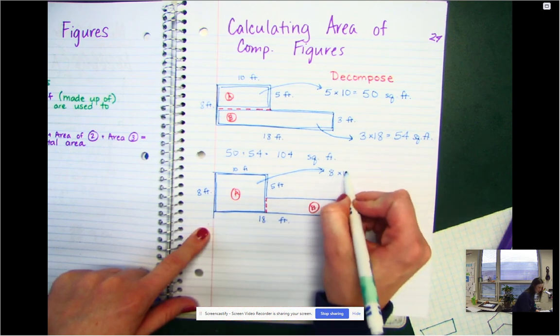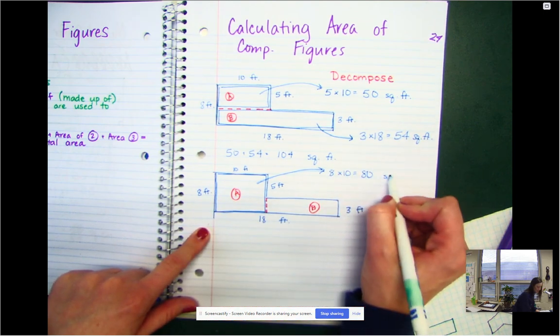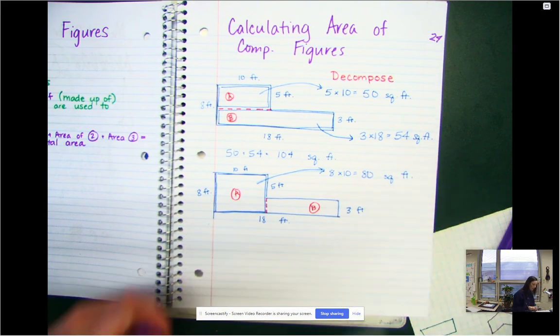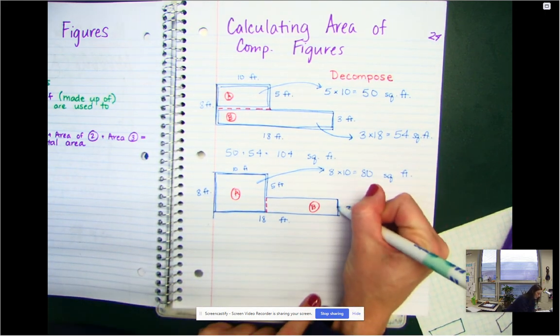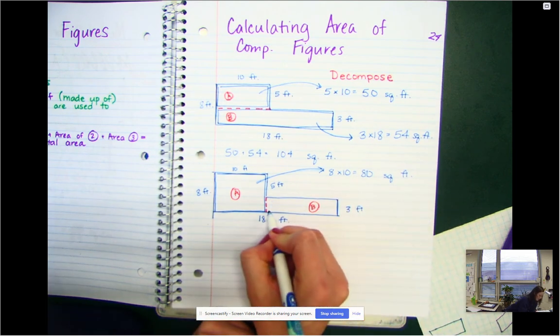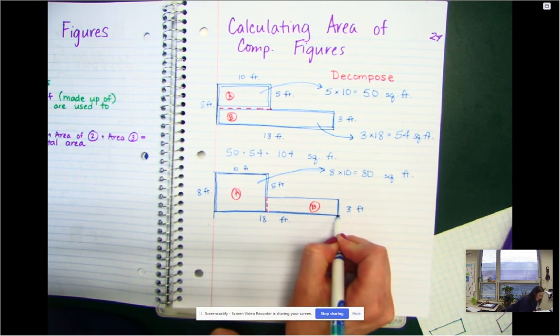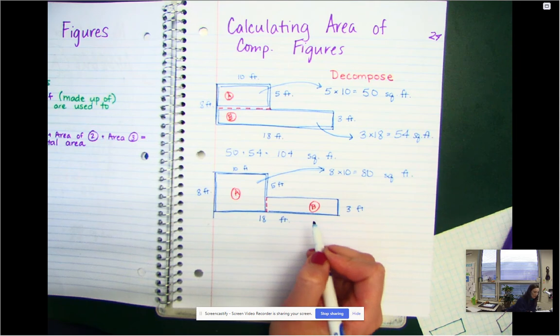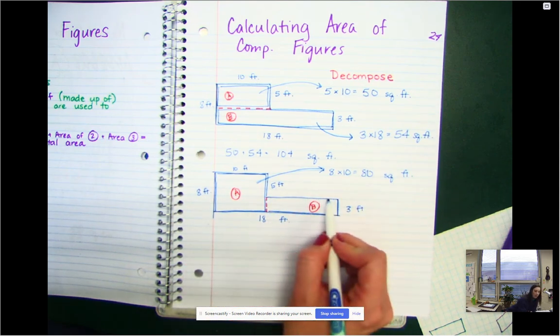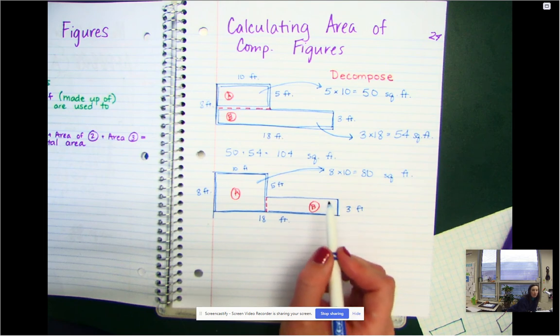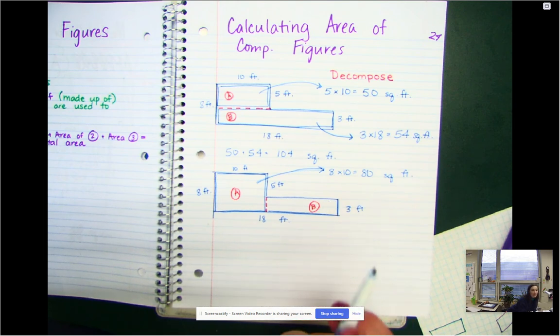8 times 10 is 80 square feet. Shape B, this is where I have to get a little tricky, because I know it's 3 feet, but I've got to figure out the base, and it's not all 18 feet. The whole thing was 18 feet, but we don't have a number on this side. Whenever you get one of these, you can always figure it out by putting pieces together.